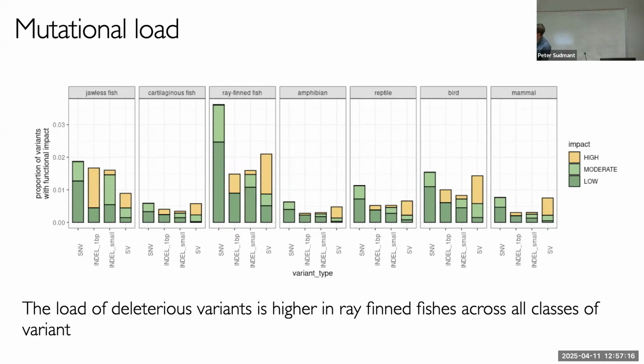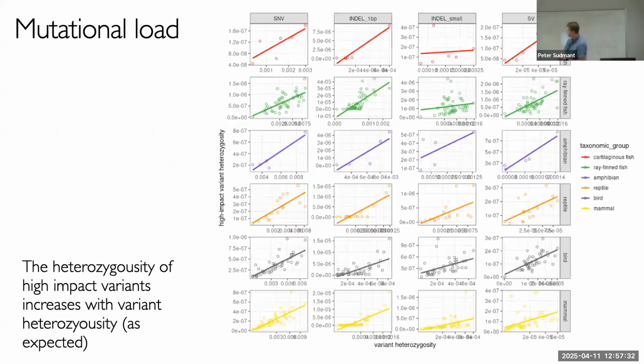And kind of with your expectation, there's actually more. The load is not the right term, but there's basically more deleterious variants in the ray fin fishes, probably because they have a higher effective population size. And you can plot the heterozygosity on the x-axis, and on the y-axis, you plot the heterozygosity of the high impact variants.